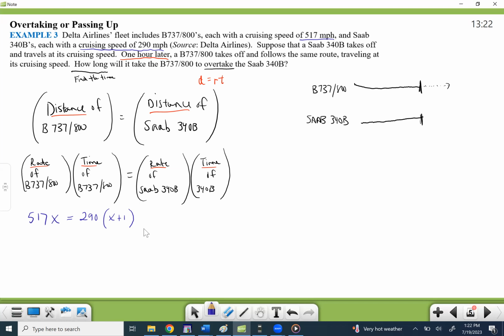Now, by the way, another way you could have written this is you could have put the X here and said the Saab took X. Then that means that the B737 took X minus 1. Okay, so it doesn't really matter. You can almost just fix it. Put an X somewhere and then make sure you understand if you need to be adding time or subtracting time. Okay, so the Saab had 1 hour longer because it started an hour before the other one. So that is why we put an X plus 1 for its time.